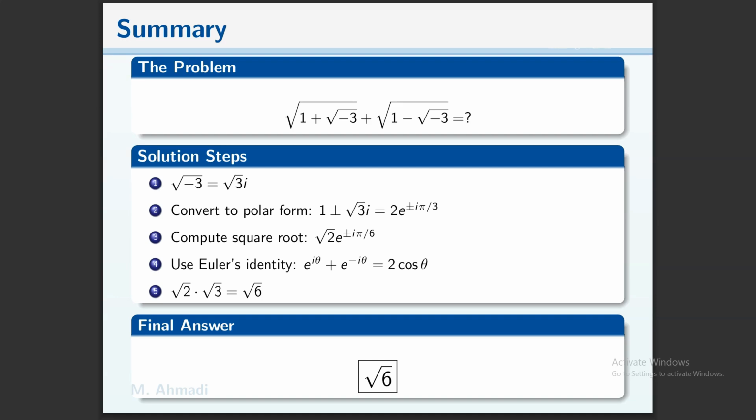Calculate the square root, which is equal to the square root of 2 multiplied by e to the plus or minus i pi over 6. And we use the Euler identity: e to the i theta plus e to the minus i theta equals 2 cosine of theta. So after the multiplication, the square root of 2 multiplied by the square root of 3 equals the square root of 6, and the final answer is the square root of 6.